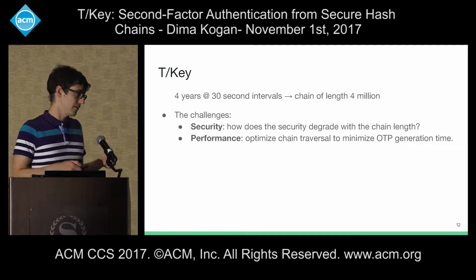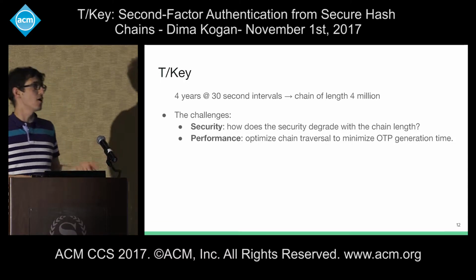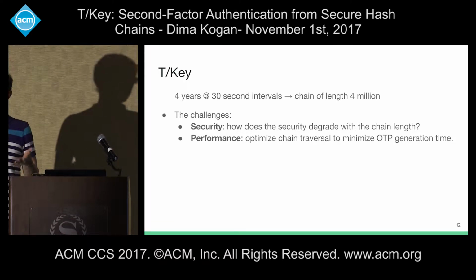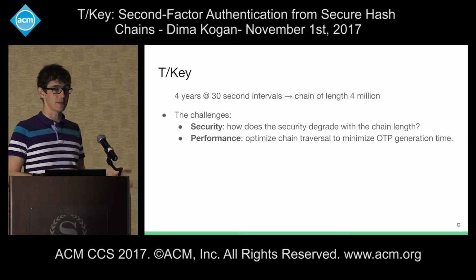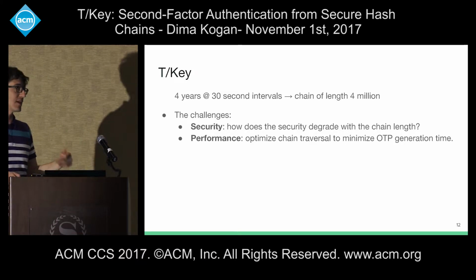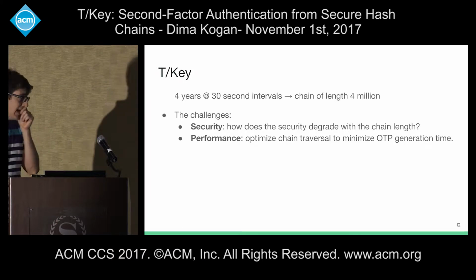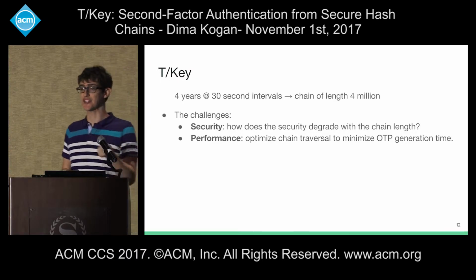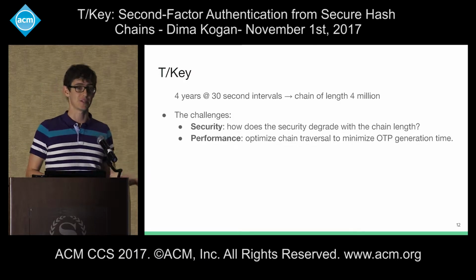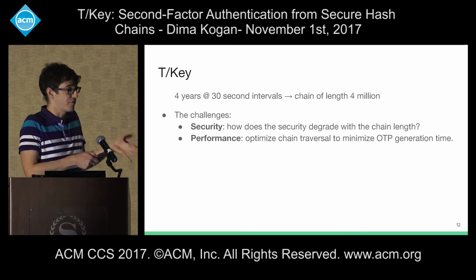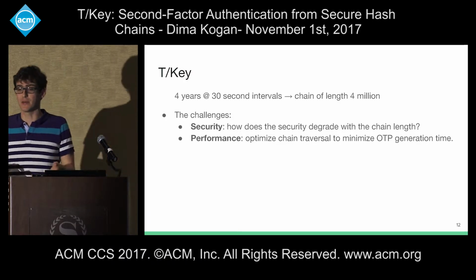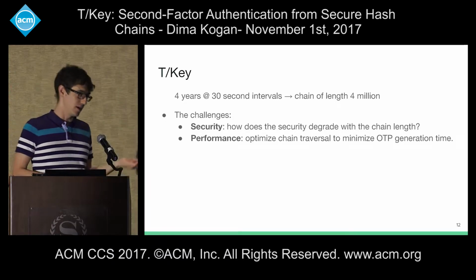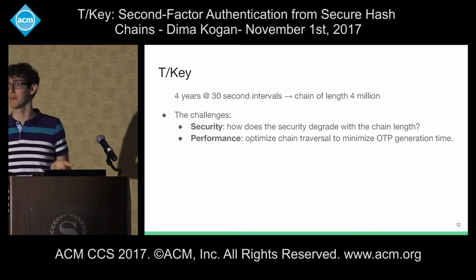In detail, we need to understand whether the changes that we've made to the hashing schemes actually make our scheme secure when used in such a long hash chain. And second, the client now has to traverse a long hash chain each time to generate the one-time password. And we need to make sure that the performance of this scheme is actually reasonable and that the login latency is acceptable.